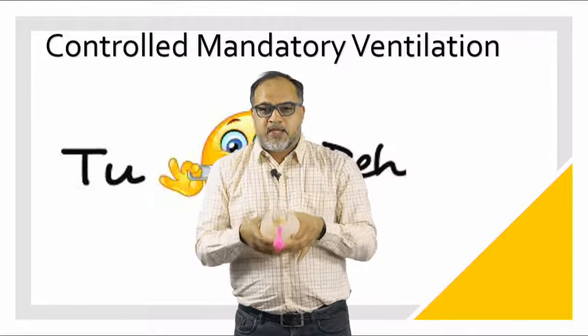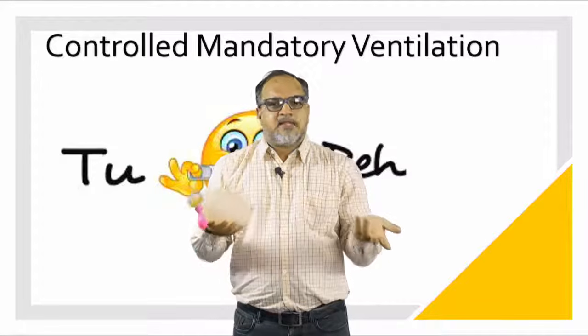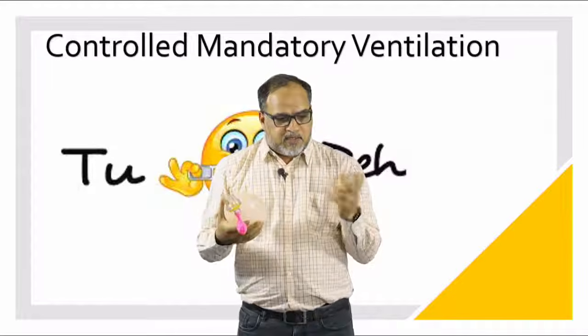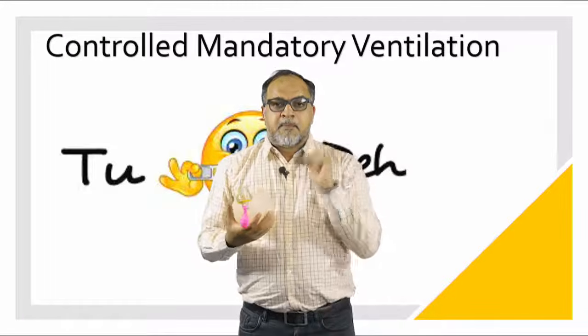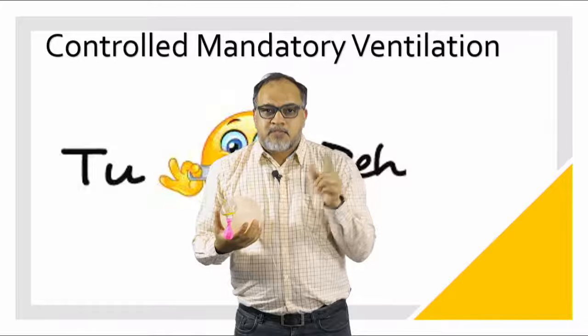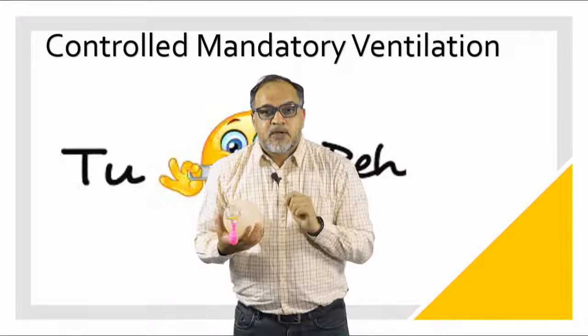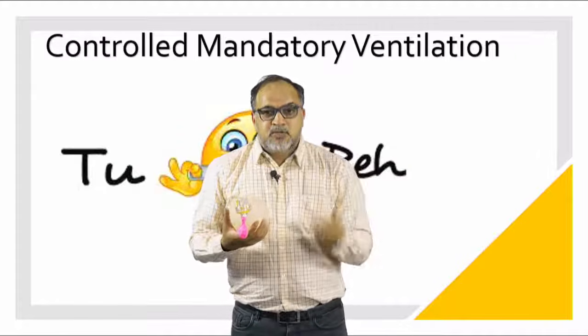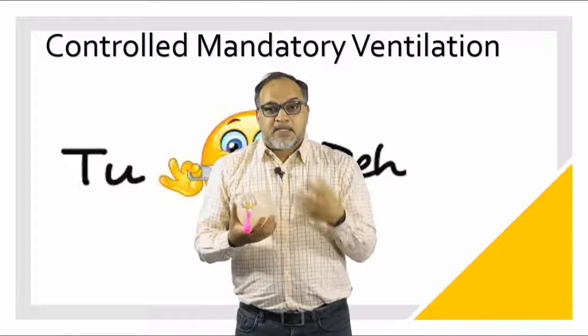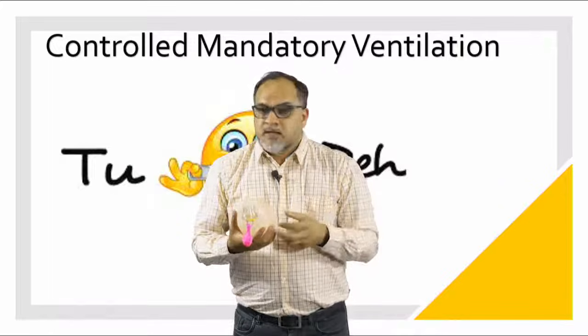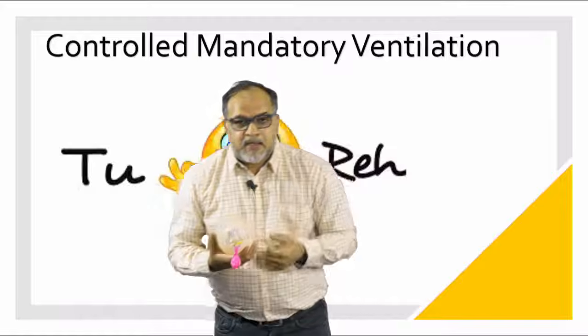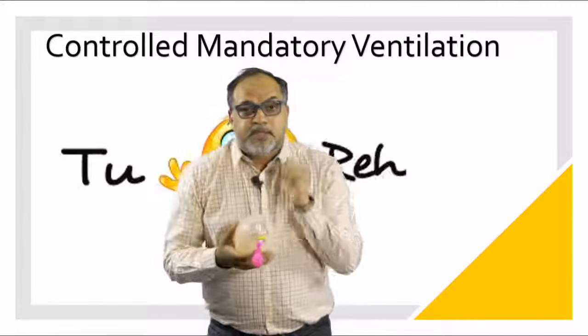And things are going wonderfully well. Everybody is happy. But then, Baba was unconscious because of his rising CO2. Now, as the CO2 is getting washed out, Baba is becoming more conscious. His respiratory drive is coming back. Baba is trying to breathe.